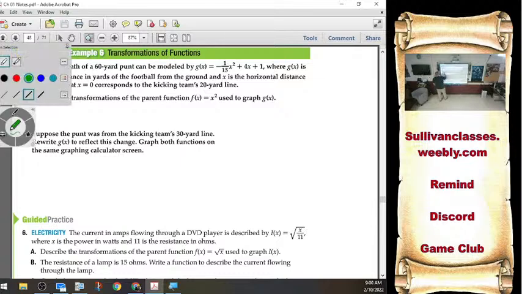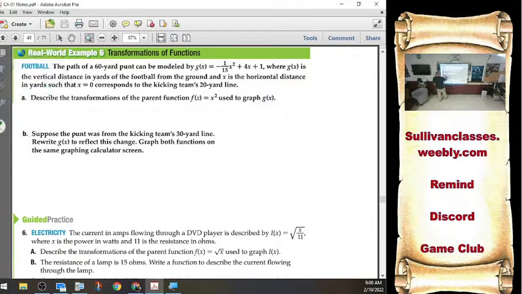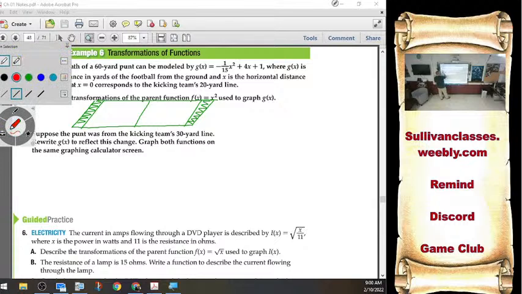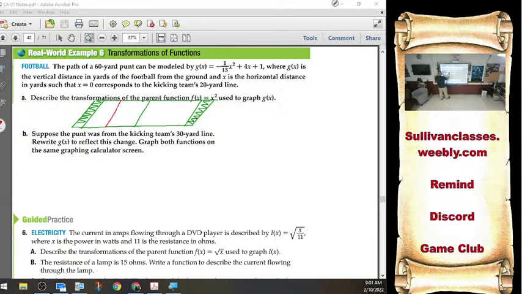So if you follow the football field, you've got your field, midfield, your end zones, and then within there, I've got 1, 2, 3, 4. 1, 2, 3, 4. Okay.